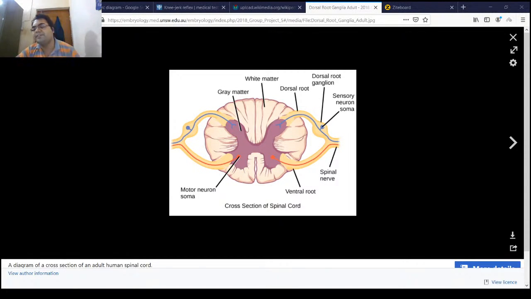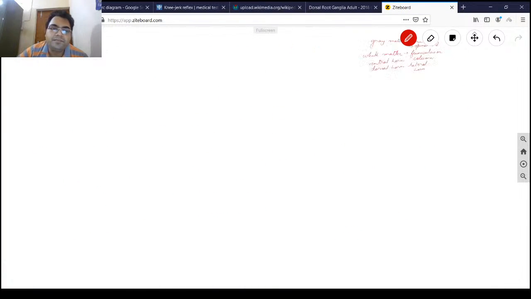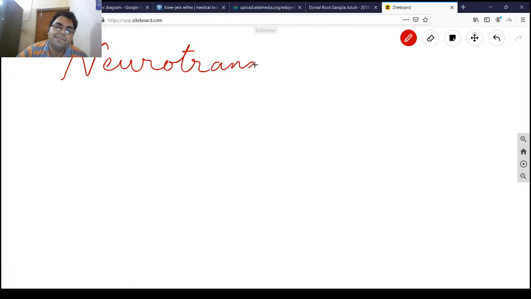Neurotransmitters are the molecules which we talked about, which are secreted from the synaptic end bulb at the synaptic cleft or synapse. So there are two things I'll tell you. One is neurotransmitter, another is neuromodulator.